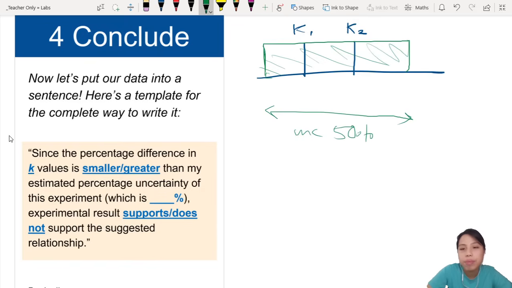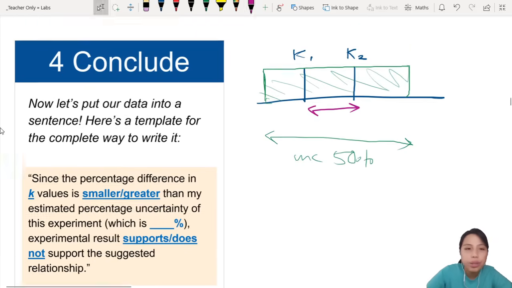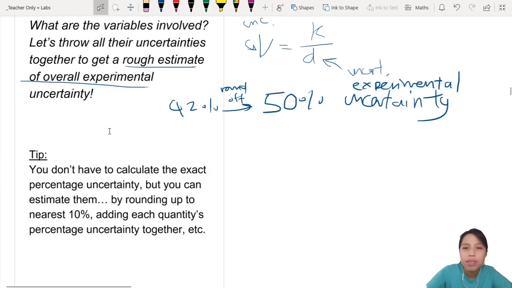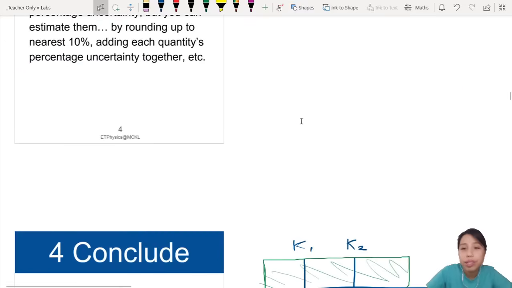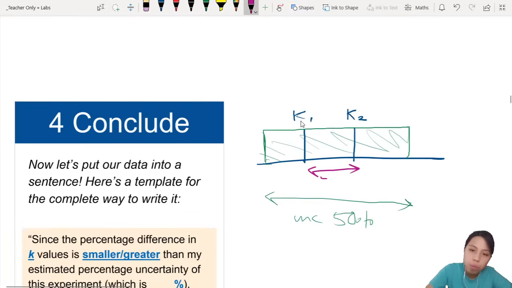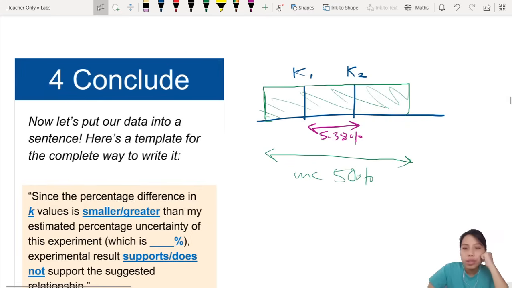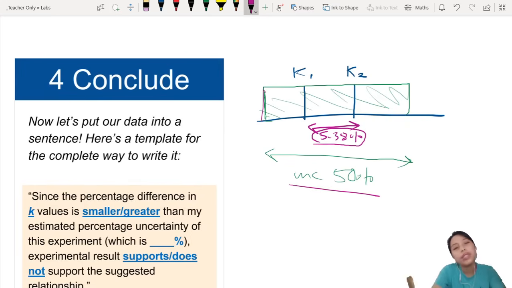I estimated that. Then your percentage difference is what the student said just now: 5.38%. Very small. So the uncertainty is 50%, but your difference is so small. It means they are different, but that's okay because that's included in the uncertainty.